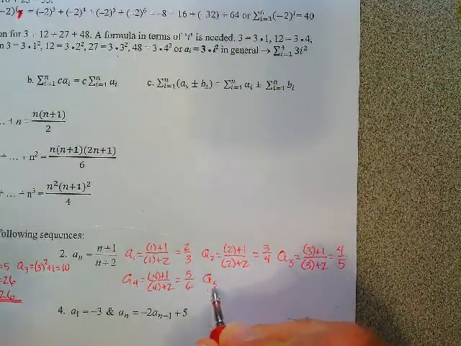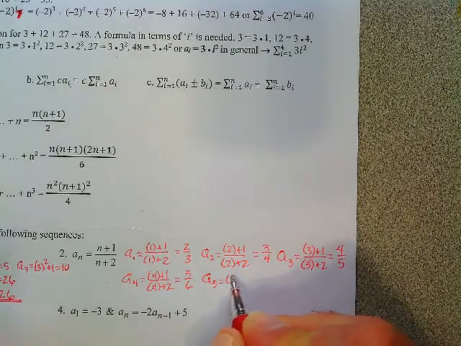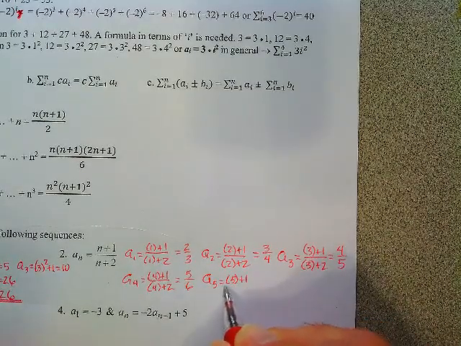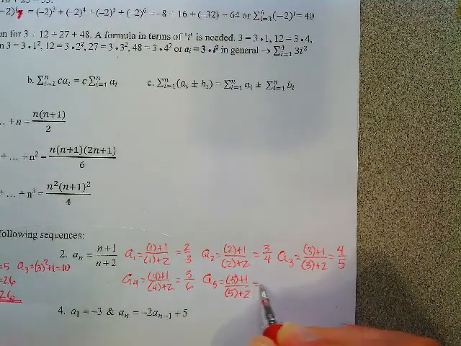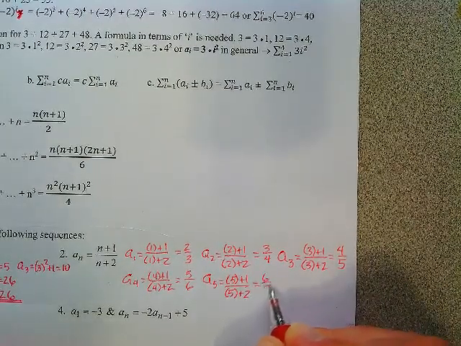And a5 is 5 plus 1 over 5 plus 2, which is 6 over 7.